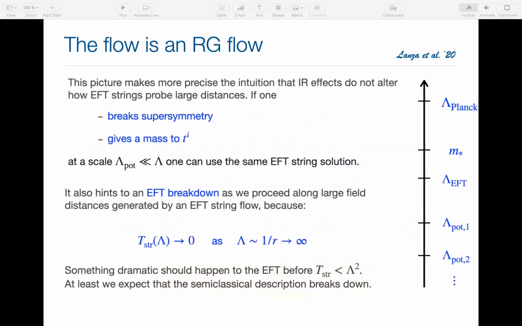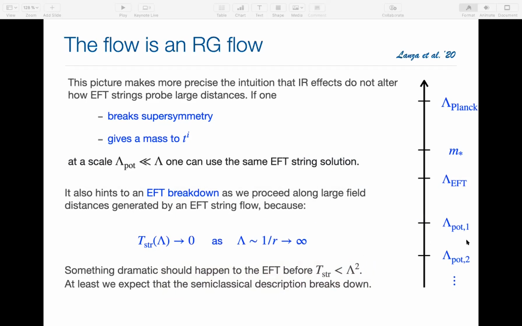So this is actually very nice because it tells you that you may modify your theory in the IR, and everything that I'm going to tell you is independent of that. So I can break supersymmetry in the IR. I can even give mass to the fields that are flowing.